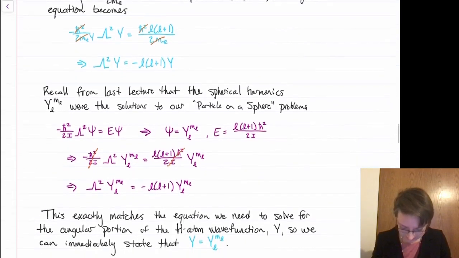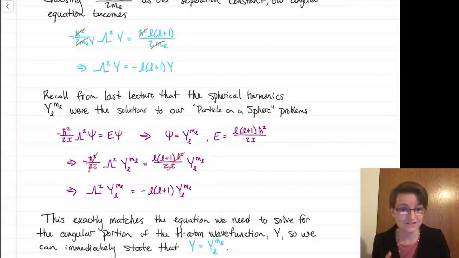And this is identical to the equation that we're trying to solve in this very moment.